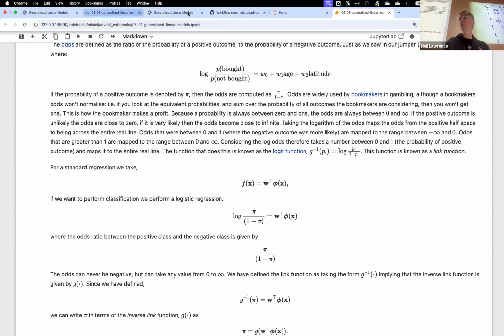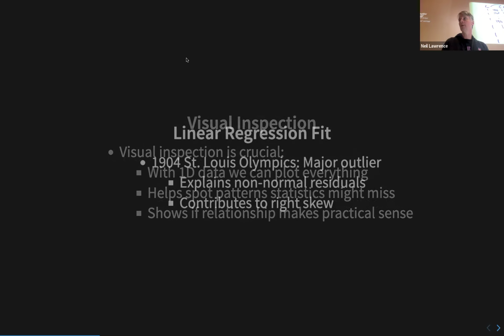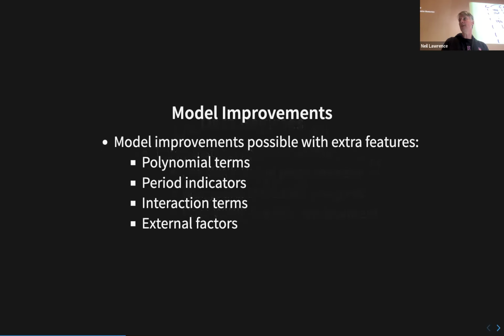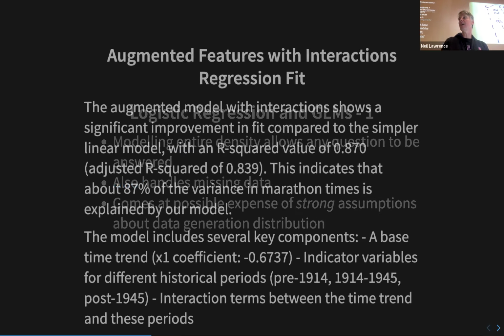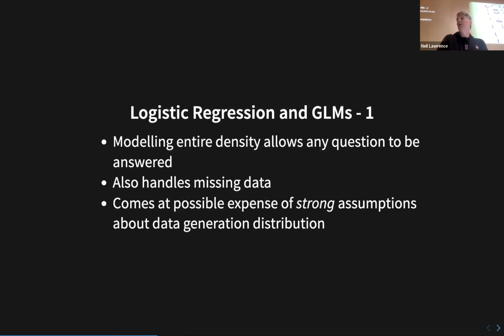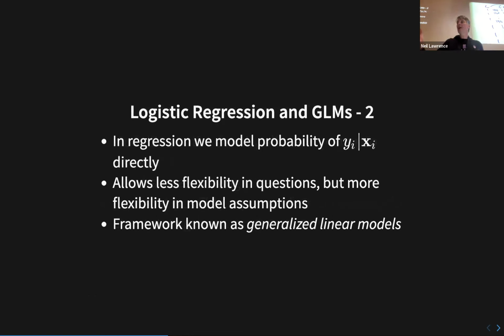Okay, so that's linear regression. Let's go back, as a reminder, to what's going on with generalized linear models. That's what we've been reviewing there, the design matrix. Okay, generalized linear models. In the regression, we're modeling the probability of Y, the output, directly.